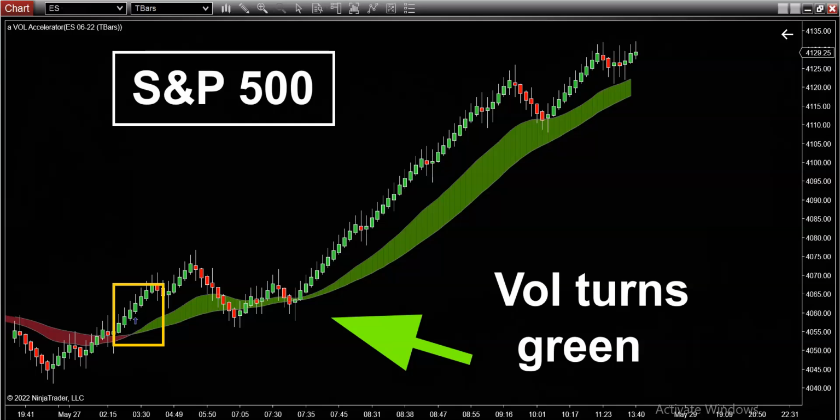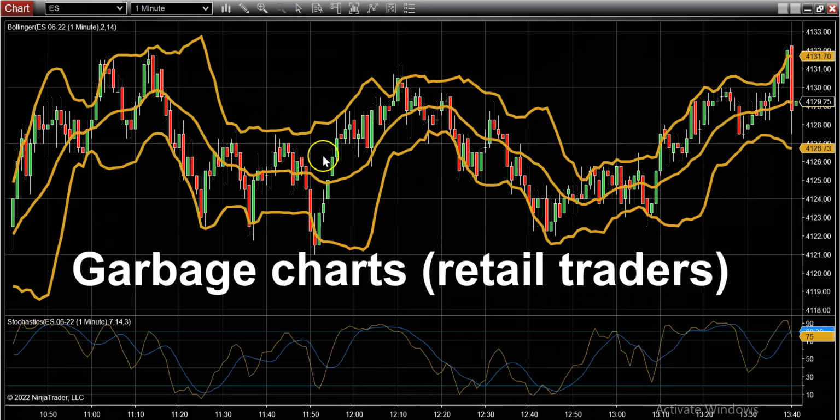For me, I think price action trading, price action indicators, all of that price action software goes hand in hand with trend trading. I don't believe in scalping. I don't believe in trying to call tops and bottoms. And I certainly don't believe in these candlesticks, these garbage candlestick retail trader charts. I do not believe in this.